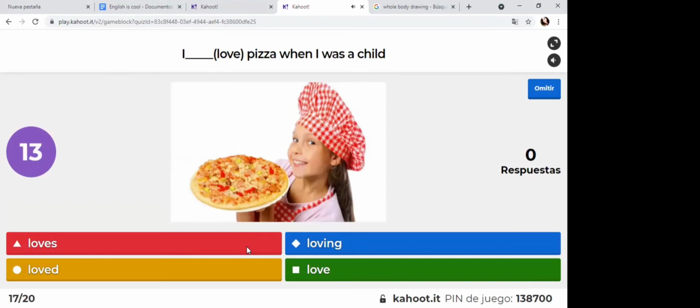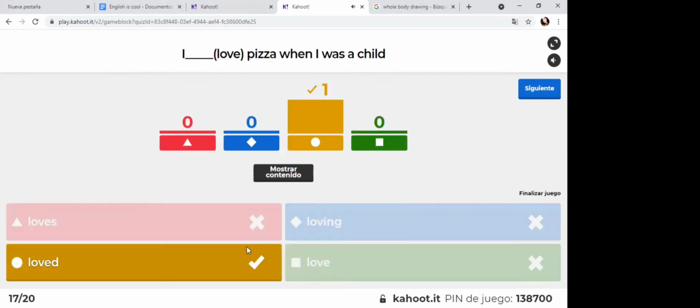What's the past simple of love? Loved. With ed at the end. I loved pizza when I was a child. What kind of verb is this one? Regular or irregular verb? Regular or irregular? Tell me.